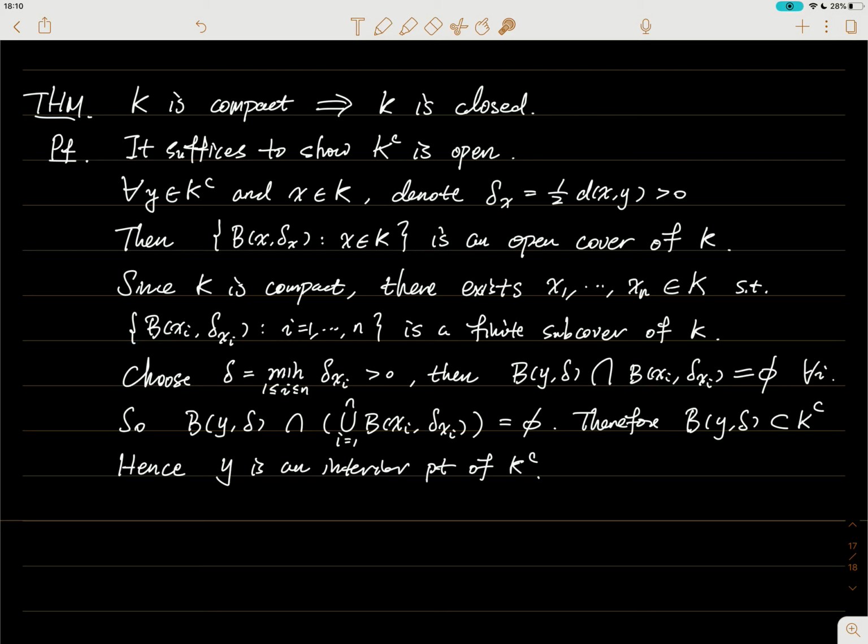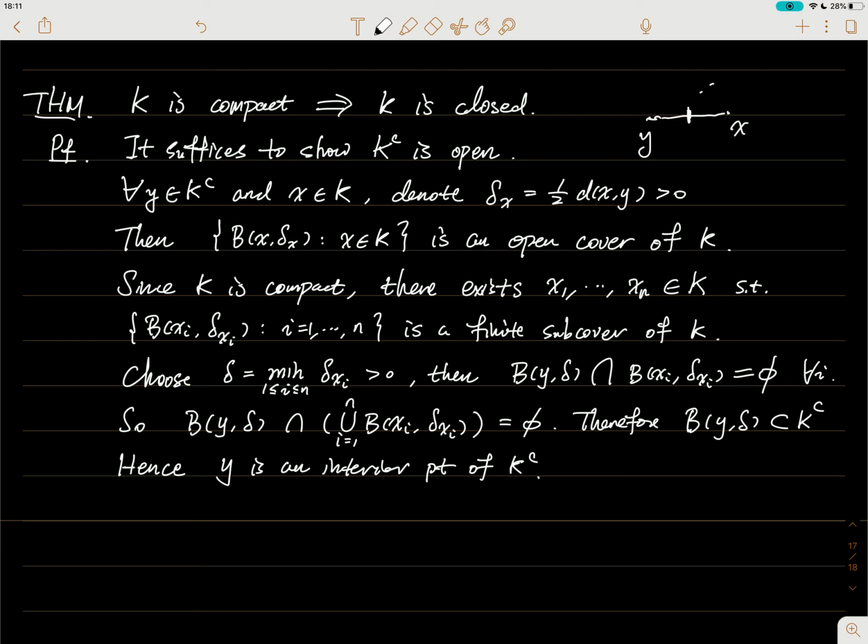At the beginning when we chose the balls, if this is y, this is x, and this is their distance, I chose my delta x, the radius of the ball at center x, to be half of this.